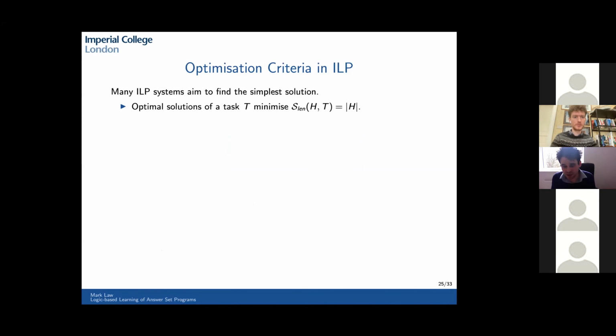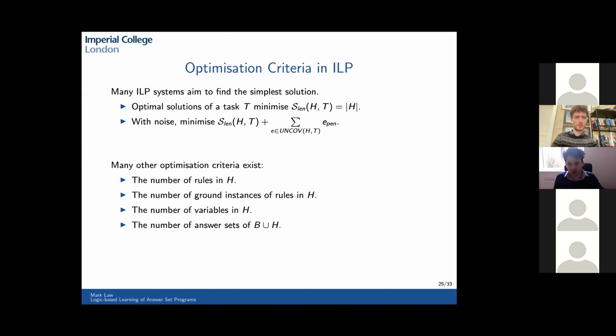As I showed in the previous part of the presentation, there are 2 ways within ILASP of measuring the score of a hypothesis. For non-noisy tasks, we usually just do it as the length of the hypothesis. For noisy tasks, we combine this notion of length of the hypothesis with the penalties of examples that are not covered.